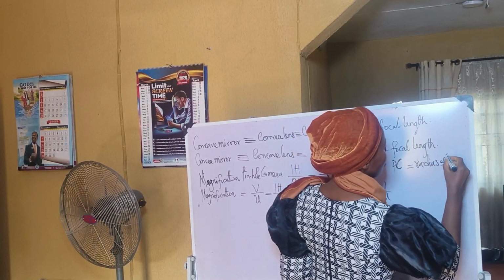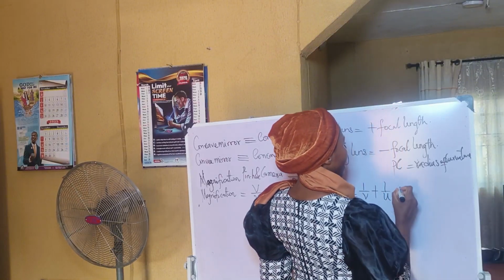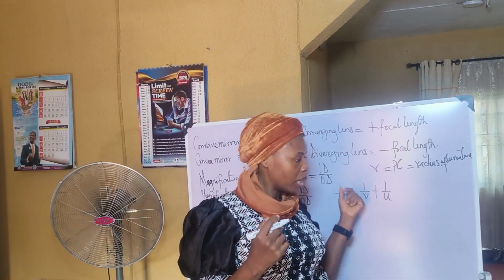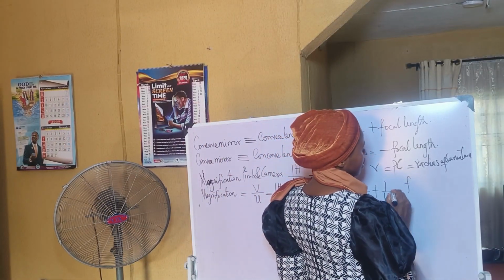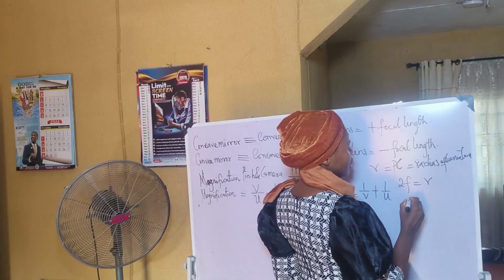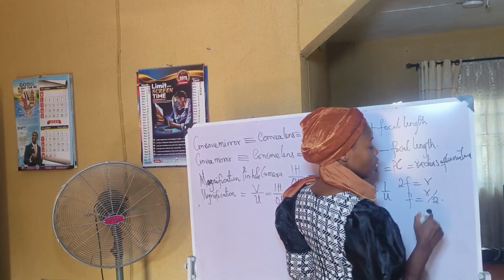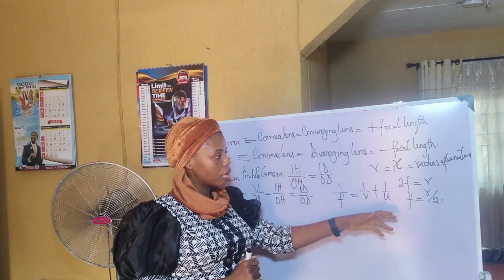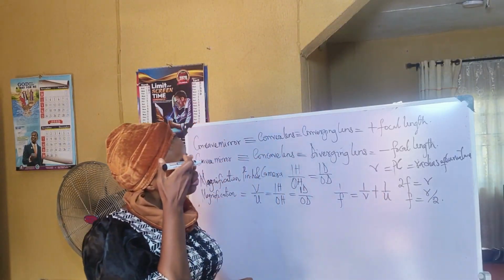And we know that in mirror, 2F is equal to R, such that F is equal to R/2. So if I'm given the radius of curvature, I can find the focal length. So these formulas are very vital when we are solving problems.